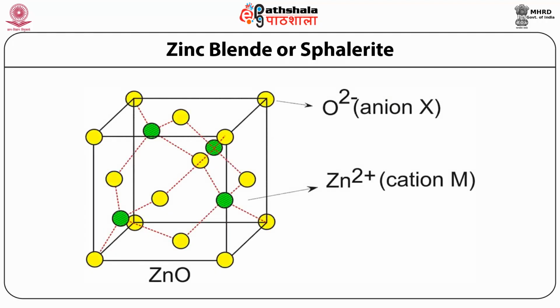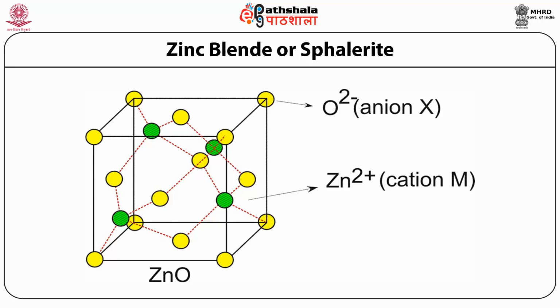So students, let us see the example of the zinc blende structure, which is shown in this slide. Let me recall that the anions, that is X, are at the corners as well as the faces of the unit cell.